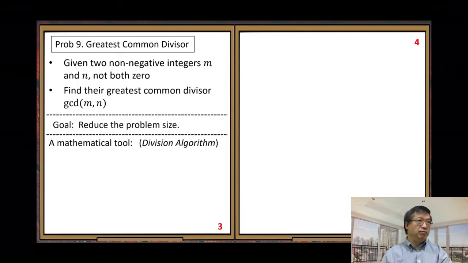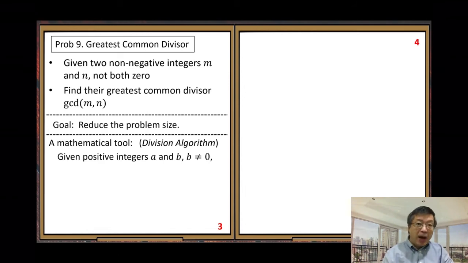Division algorithm. So what is the division algorithm? You know how to do integer division, right? Here, we just write integer division in a formal way, so then we can use it as a formula. Given positive integers a and b, with b not equal to 0, because we want to use b as the divisor, so the divisor cannot be 0.